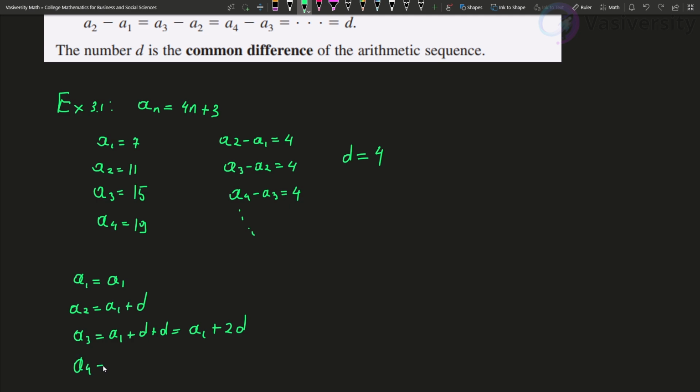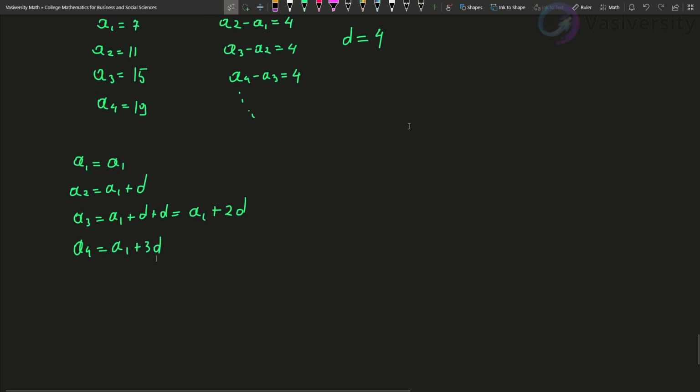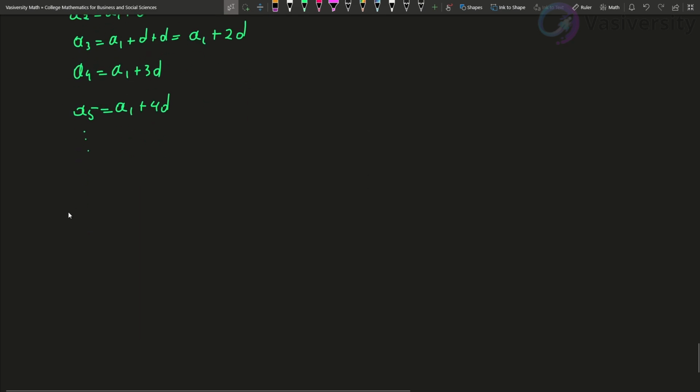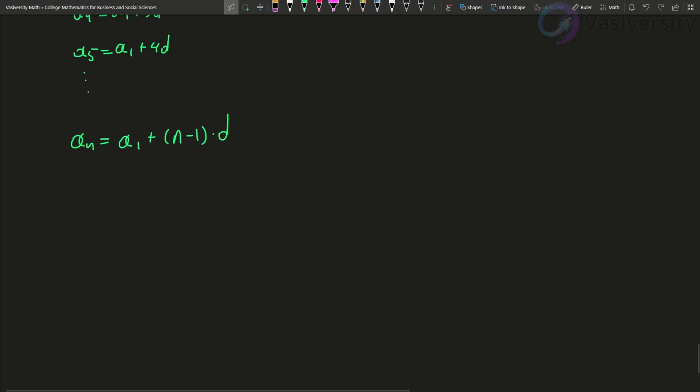Then a sub 4 is going to be a sub 1 plus 3D. And then a sub 5 is going to be a sub 1 plus 4D, etc. So that means that a sub n is equal to a sub 1 plus n minus 1 times D. That's going to be the nth term of an arithmetic sequence. Okay, so that's going to be the formula for it.